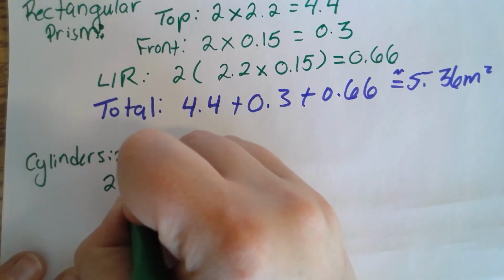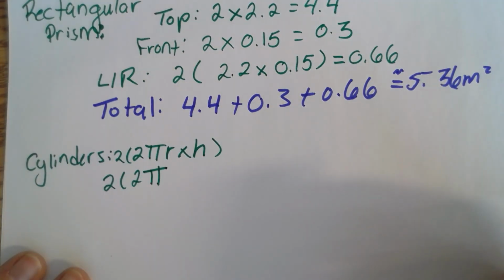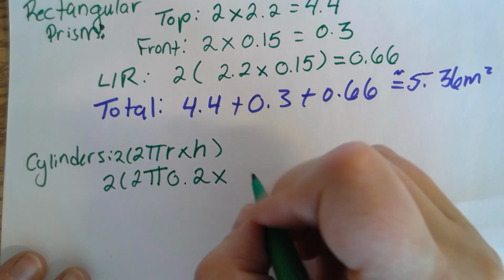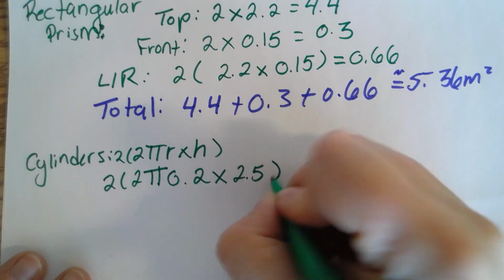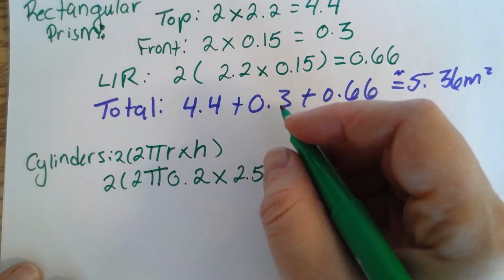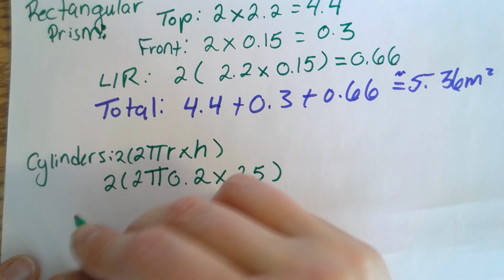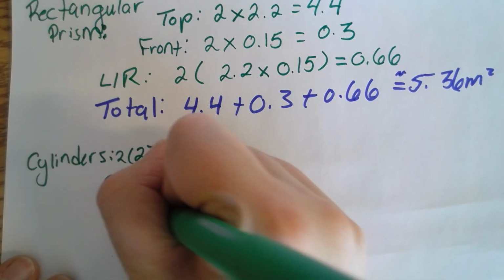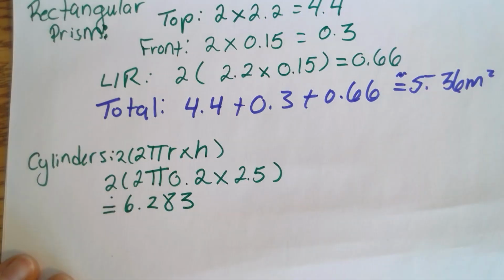So 2 times pi. I determined that the radius was 0.2. And the height, if you look closely, was 2.5. So this is going to give me, when I calculate this out, approximately 6.283.